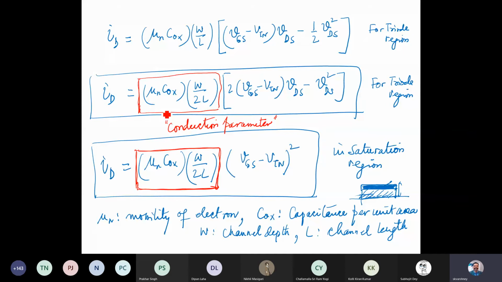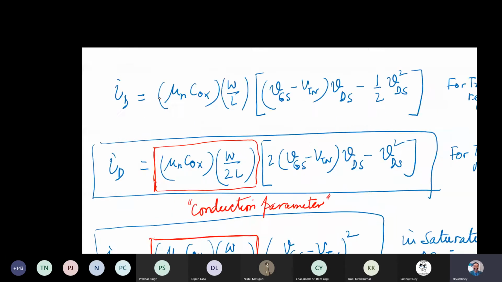And what you can see is that mu n is the mobility of the electron, so it's a constant at a particular temperature. And COX is determined by the process technology, once it is fabricated.